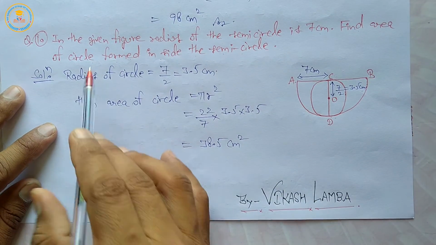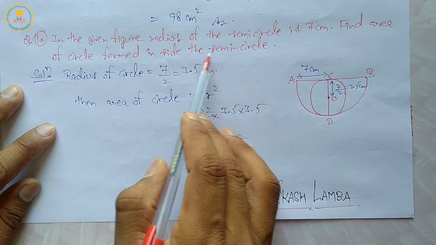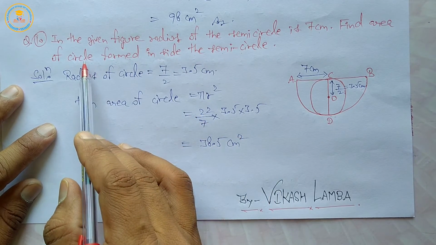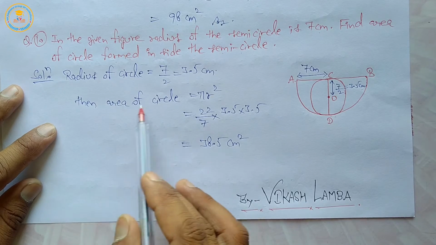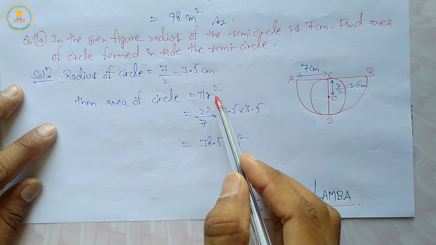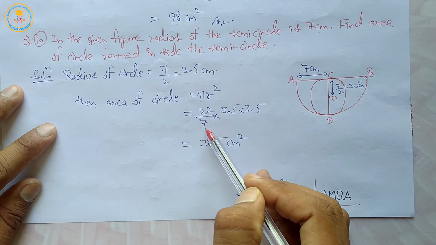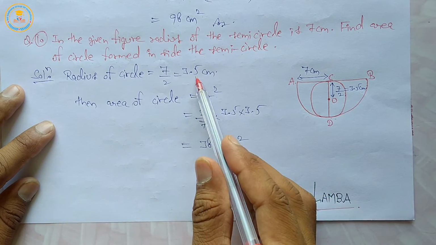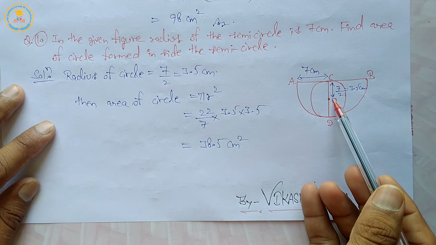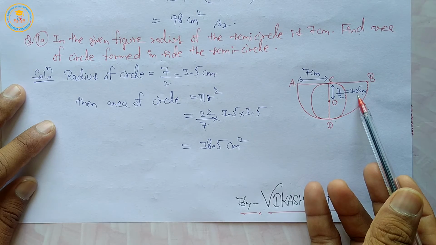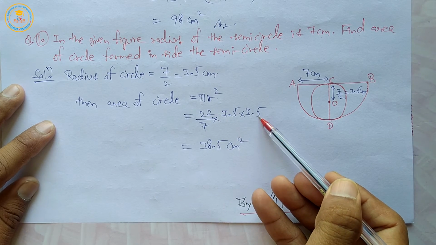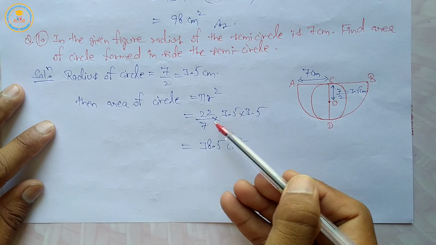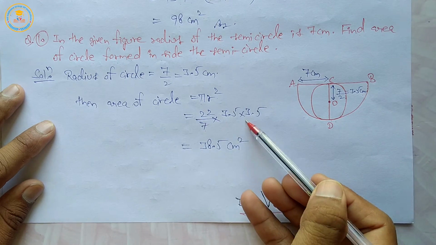Therefore we calculate according to the question the area of the circle inside the semicircle. Area of circle is pi r square. Value of pi is 22/7, and the radius is 7/2 or 3.5. It means 3.5 into 3.5. Here we solve that one.